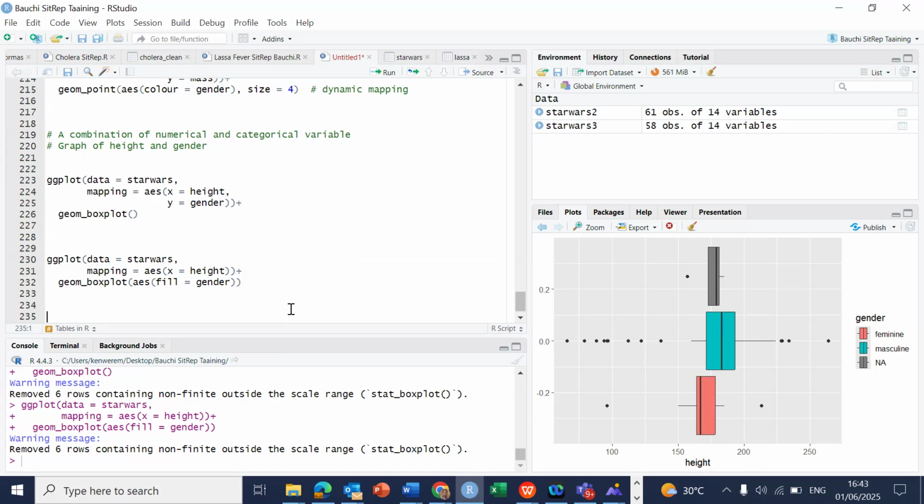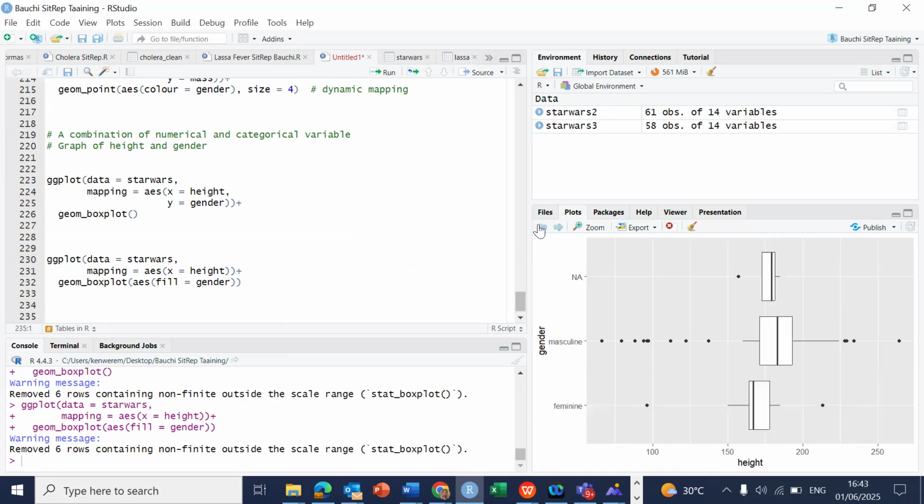Okay, so I'm just looking at the y-axis, trying to make sense of the numbers that are there. In the other one, it actually gave us male, female, and so on.